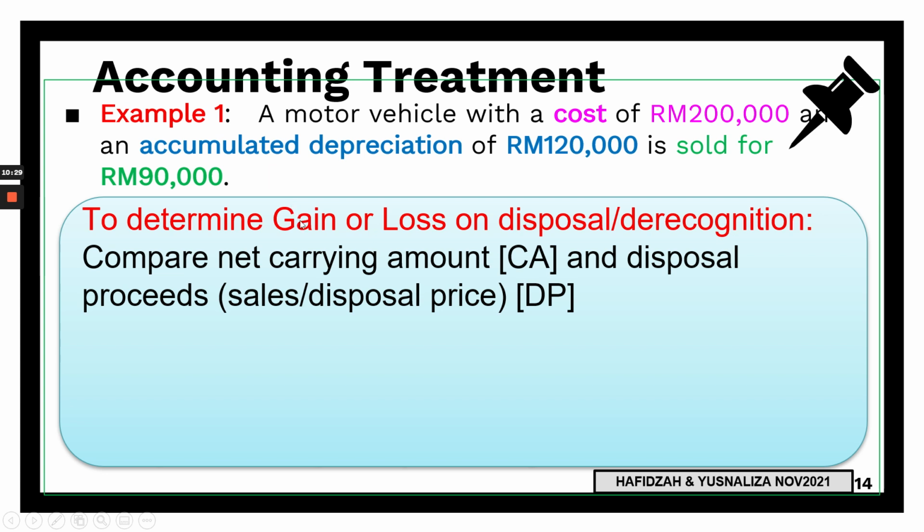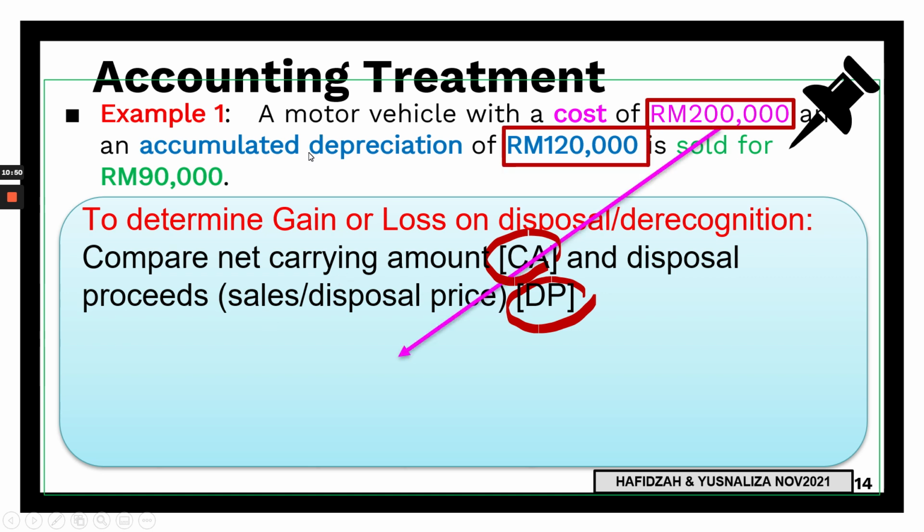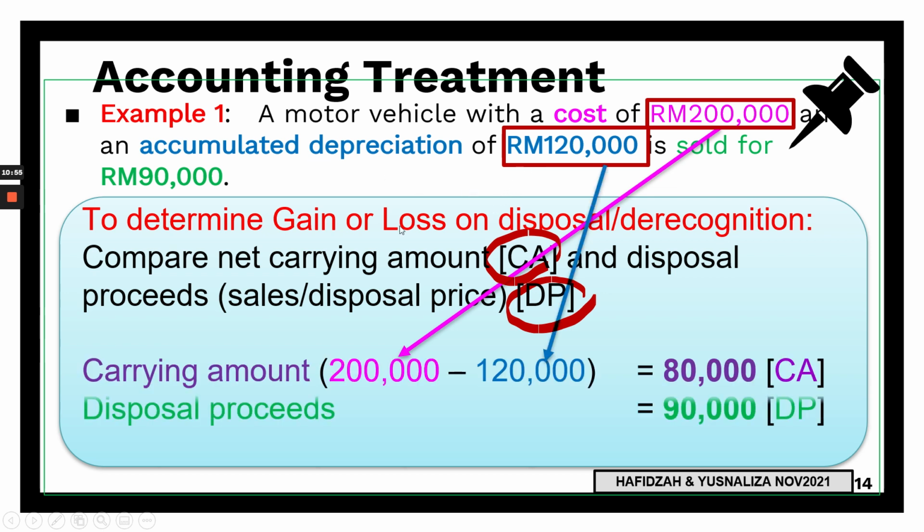So let us calculate the gain for our example 1. I have mentioned that you need to compare the carrying amount with the disposal proceeds. So that is the comparison that needs to be made. The cost is 200,000 and the accumulated depreciation for that asset was 120,000. So now we can calculate the carrying amount, which is the cost that you acquired minus the accumulated depreciation up until the date of disposal, which is 120,000.